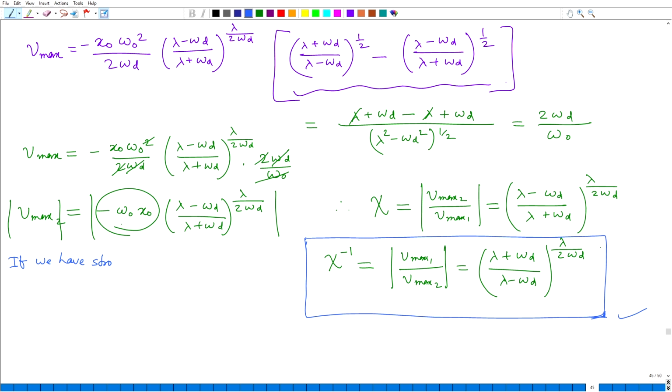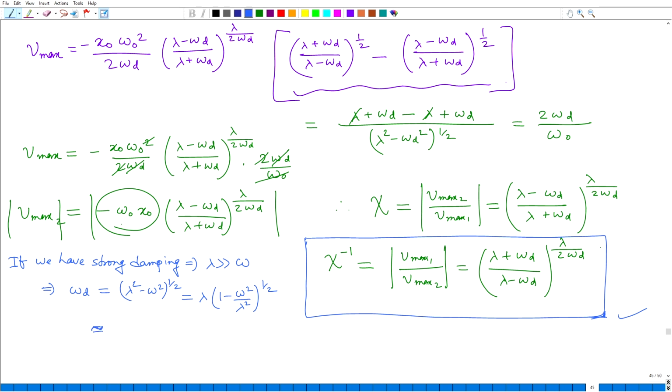In general when we say overdamped, that means lambda is greater than omega 0, but if we say strong damping, that is even stronger, that means lambda is much greater than omega, and that also means that omega d will then be equal to lambda square minus omega square whole to the half, and you can write this to be equal to lambda times 1 minus omega square by lambda square whole to the half, just as we do in physics.